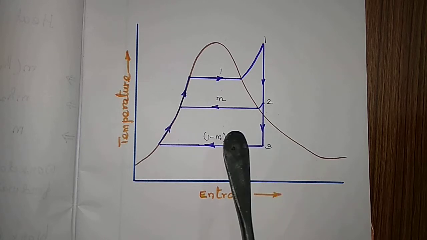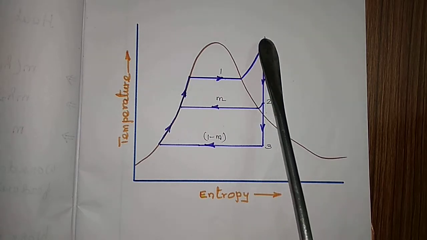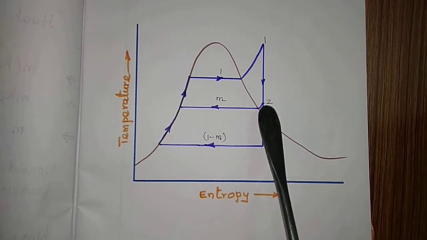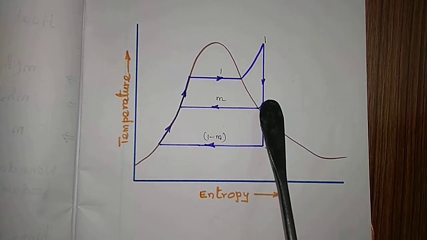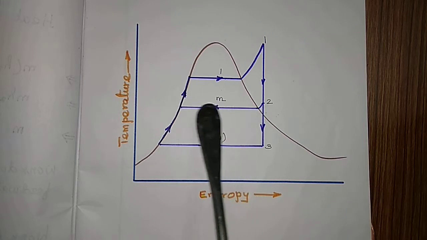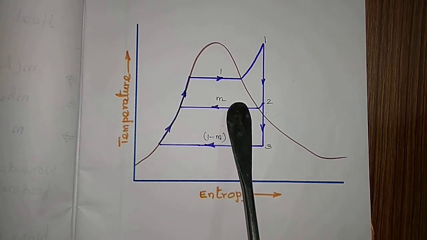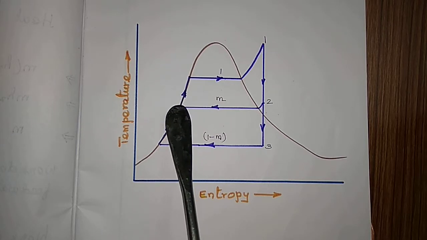1 kg of steam is entering the turbine, and here at point B, this 2 means point B as shown in the schematic diagram, m kg is leaving the turbine. m kg is for heating the feed water.